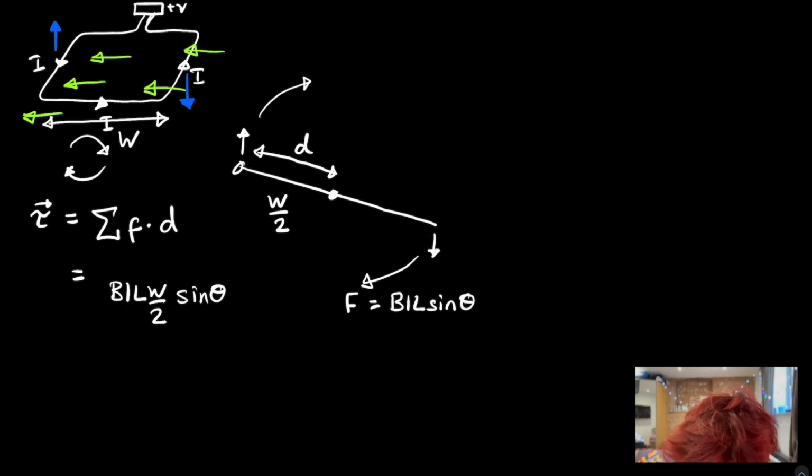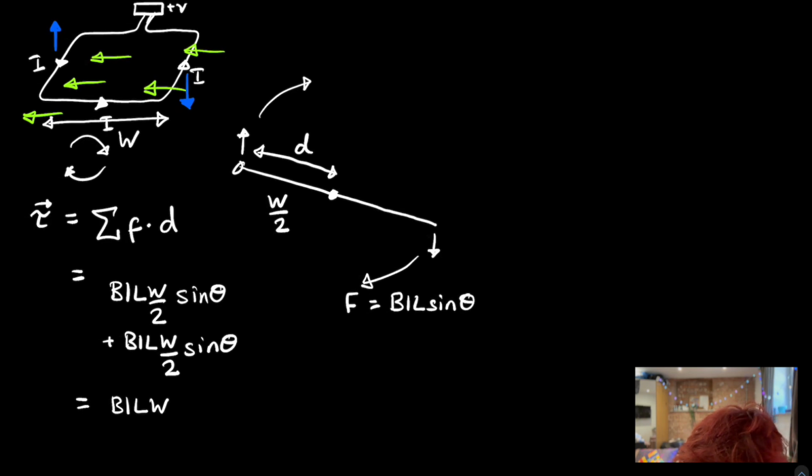So essentially we just add the same thing on again for the moment that's on the right. So we get another BIL W over 2 times sine theta. And so this will just add to BIL W times the sine of theta.